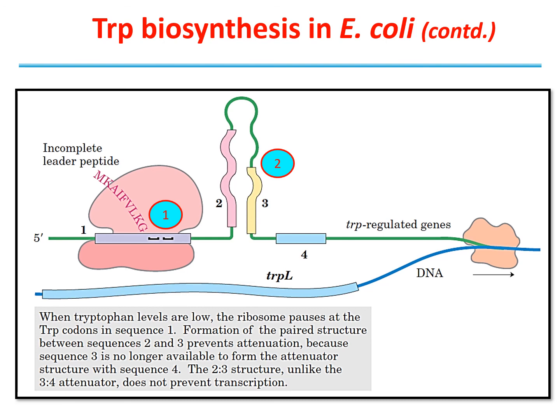Now this hairpin structure does not form the attenuator structure. It does not obstruct the binding of the ribosome, or the RNA polymerase, and hence the transcription and translation go on, and a full complete mRNA for the tryptophan synthesis of the trp operon is formed.